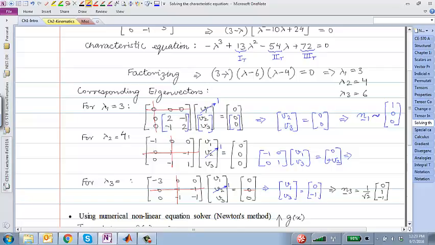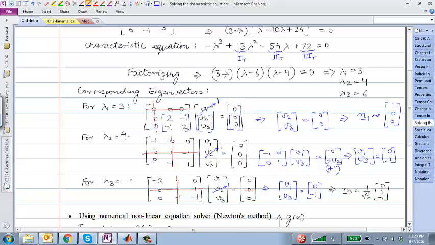Plus V2, and so V3 should be, since it is plus V2, which is basically +1, therefore V1 and V3 are 0 and 1, right?